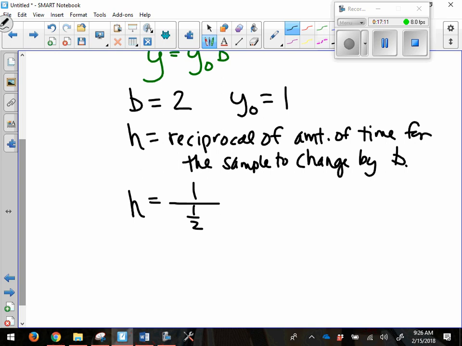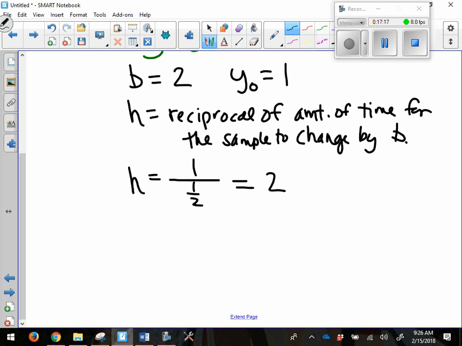Okay, so what's h really going to be equal to here? 2. Okay, so my equation becomes y is equal to y0, which is 1, times b, which is 2, raised to the 2t.